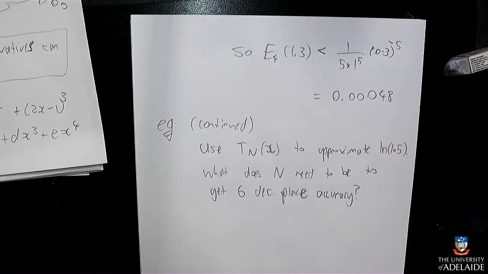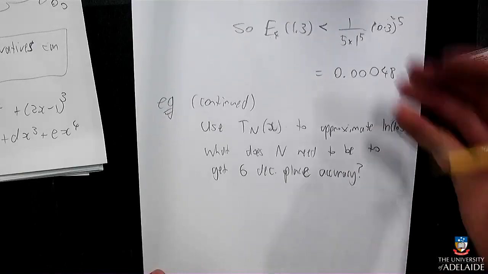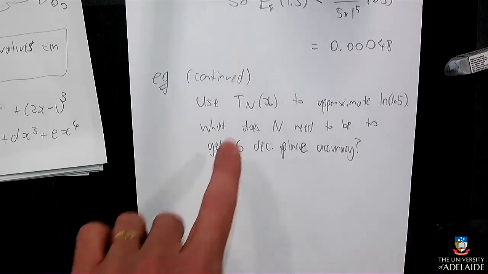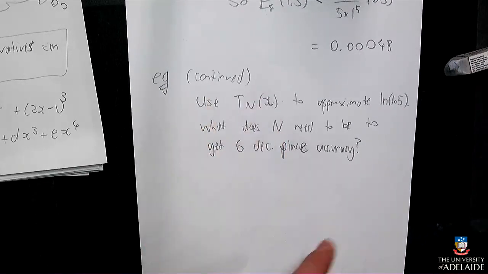So the reason I've done the same one is so that I can reuse some of the working. Okay. So we're going to use Tn of 1.5 to approximate ln of 1.5. And we need to figure out what the right n to choose to get 6 decimal places of accuracy. So I've got all these things that have to work together, but I definitely need to calculate an error because I'm figuring out how accurate I am.